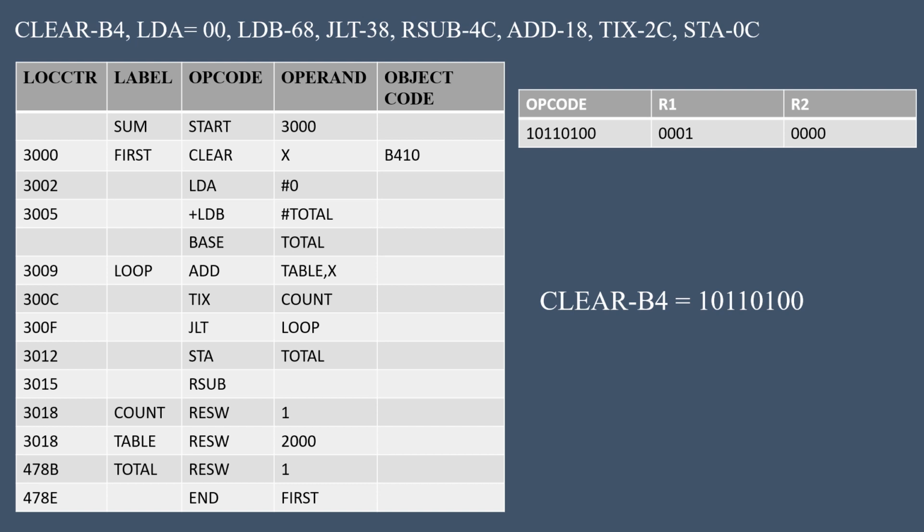So the first 8 bits are opcode, then 4 bits for R1, then the other 4 bits for R2. The mnemonic value of X is equivalent to 1. So R1 is 0001. Hence 1011 is B, then 0100 is 4, then 1 and 0. So B410 is the first object code for the given instruction.